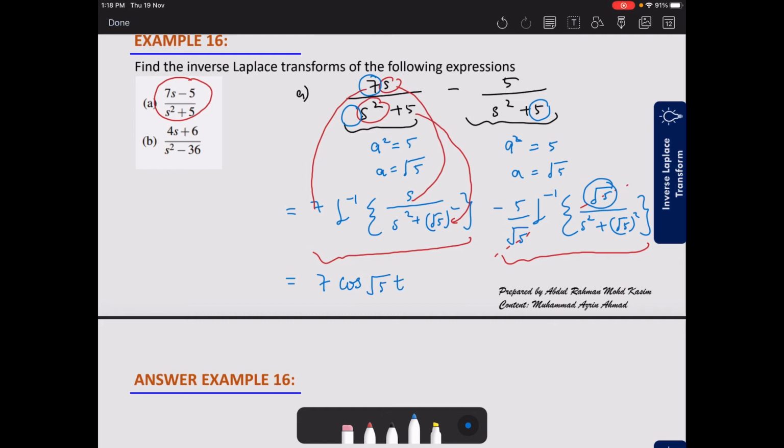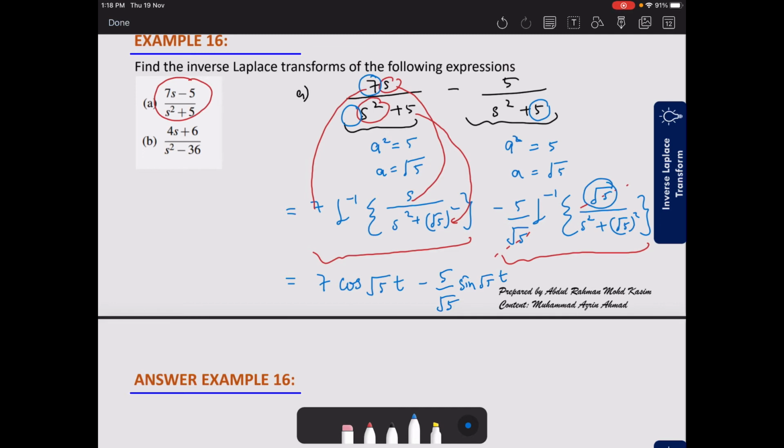So you get the correct one. What about this one? You will have 5 over square root 5. What about here? We have a, we have s squared plus a squared. It's sine at. So this is your answer.